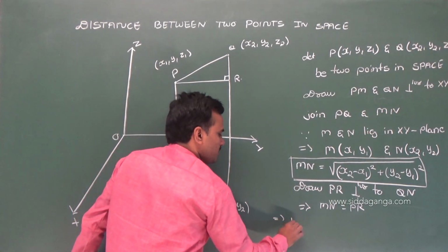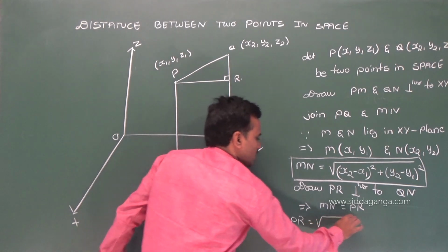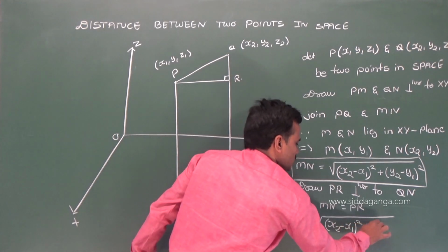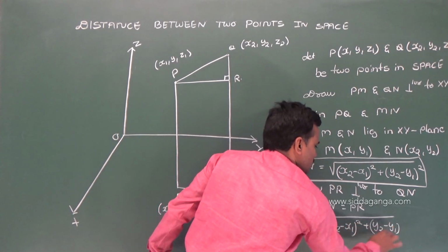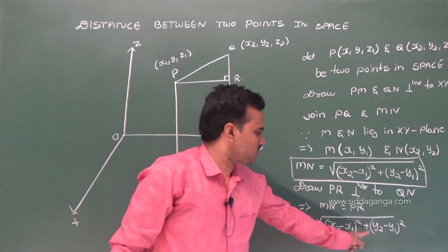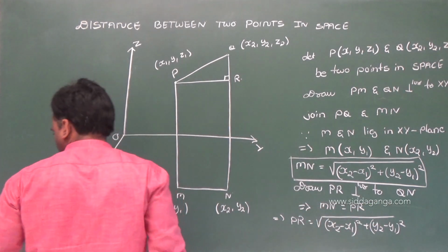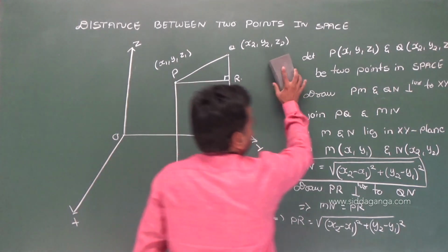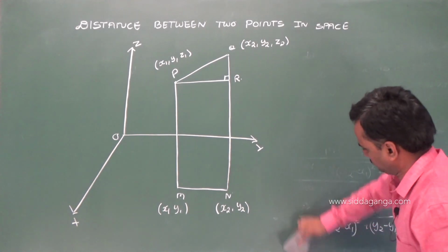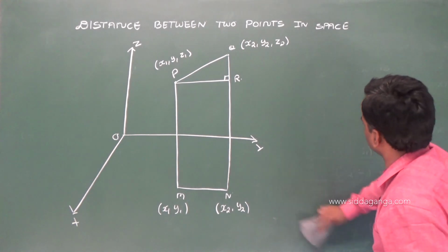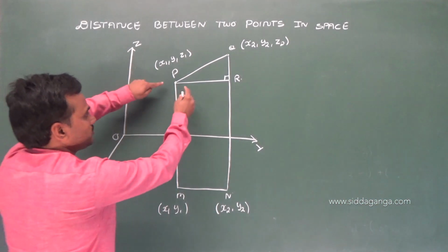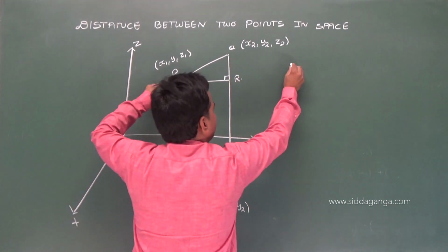That implies PR is the square root of what? x2 minus x1 whole square plus y2 minus y1 whole square. Okay. From the figure, PQR is a right angled triangle.